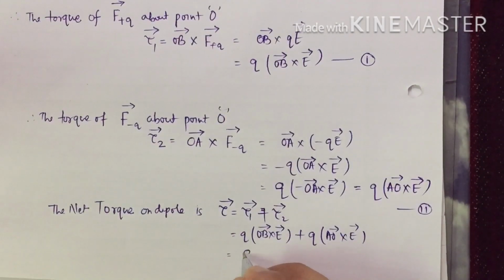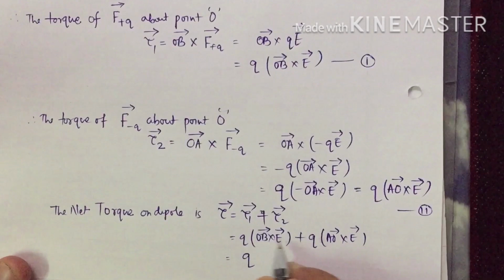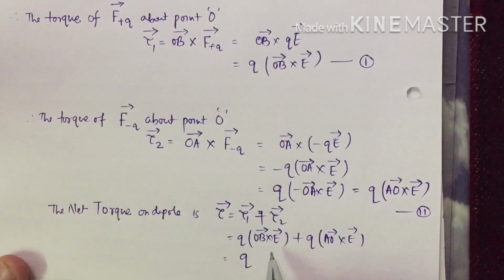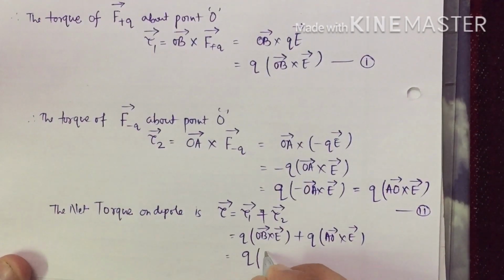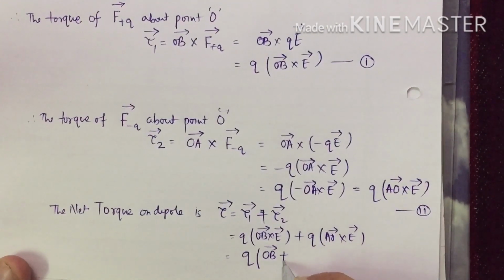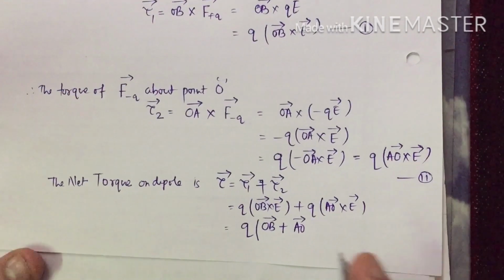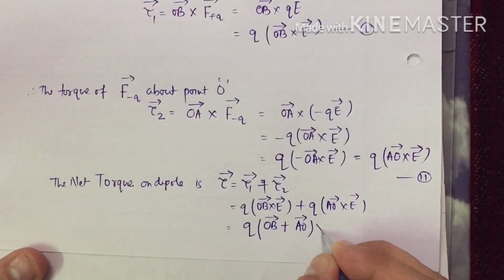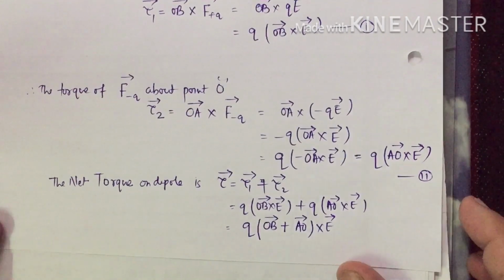Let us take Q common, so we can write this whole expression as, Q will be common from both the terms, and similarly the electric field will be common from both the terms. So we can write Q as common, this is OB vector plus AO vector, cross electric field. Now what is OB plus AO vector?